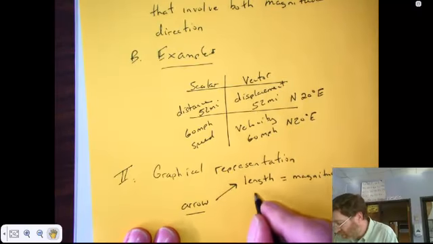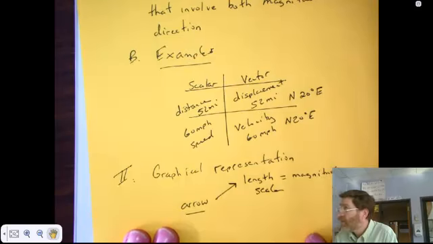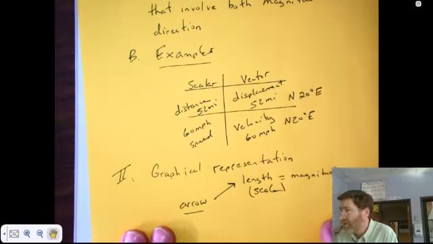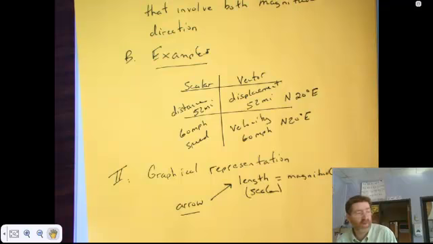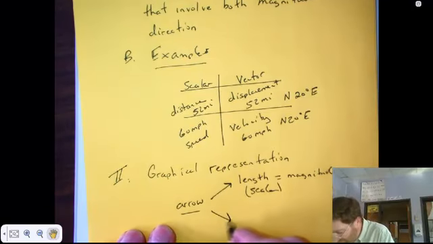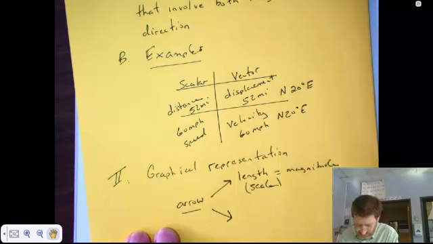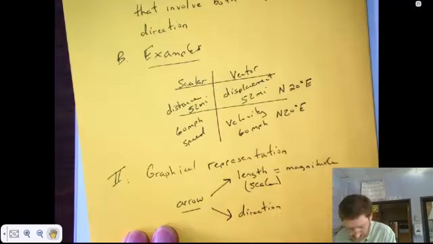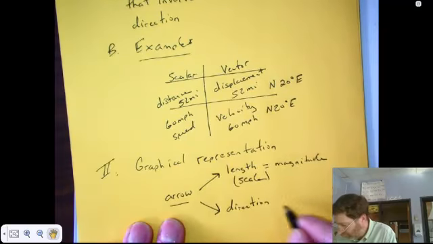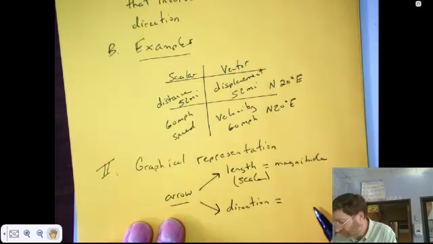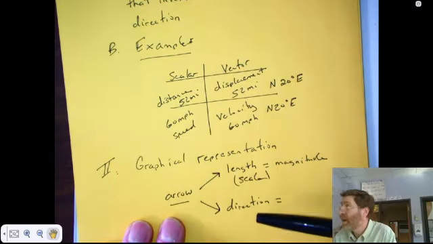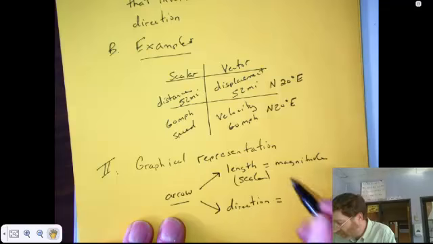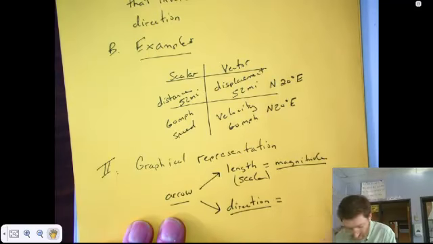So I'm drawing using some scale. So maybe a millimeter is the same as a mile, or a millimeter is a kilometer, something like that. And then the arrow points in the direction I'm going. So we have a direction to it. And so arrows allow us to have a length, which is our magnitude, and point in the direction of the vector.